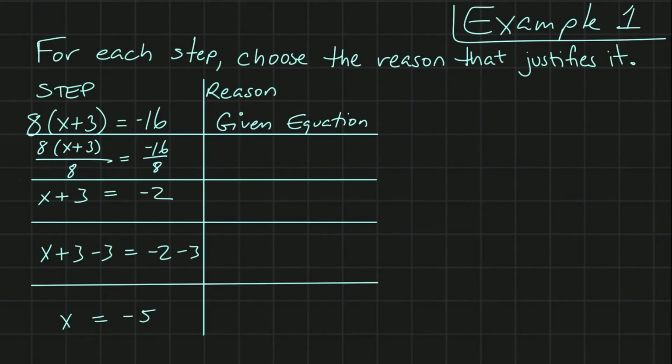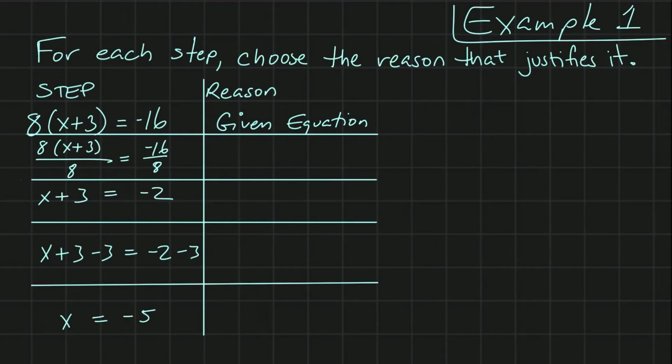All right, so in our first example, for each step, we need to choose the reason that justifies what we're doing. We're going to look at the equation, then look at what was done to that equation, and that's the reason why we did it. At the top, we have 8 times (x + 3) is equal to negative 16.